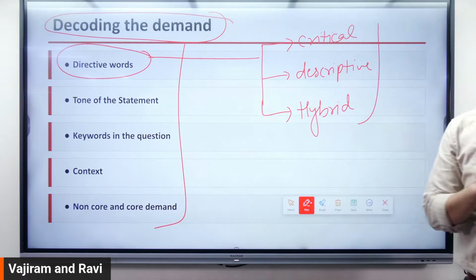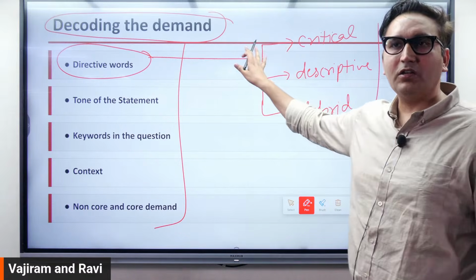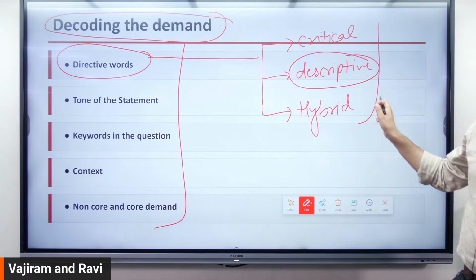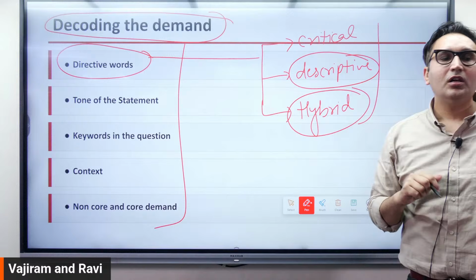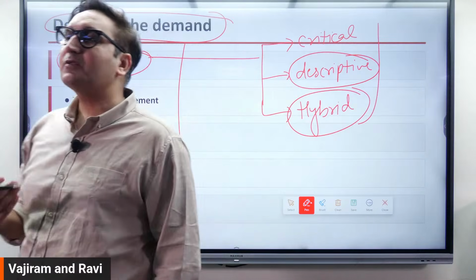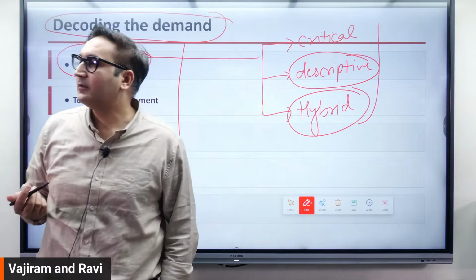Any three, right? You should be knowing what are those critical directive words, what are descriptive directive words, what are hybrid directive words. For example, many times you see, what do you see? You see explain.